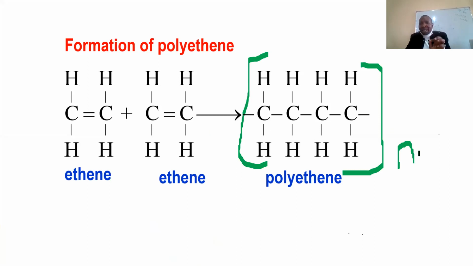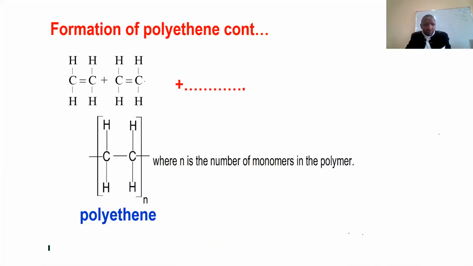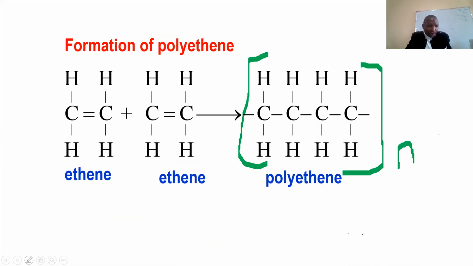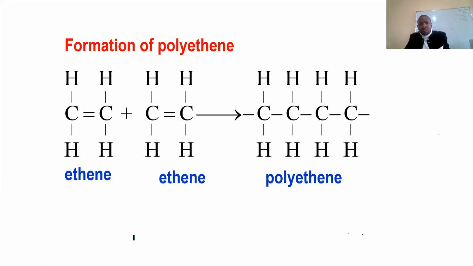Because the brackets and the N show there are many monomers involved. But the examiner is very specific. He only wants you to show a section consisting of 2 repeating units, which you have already shown. So that one you don't put brackets.